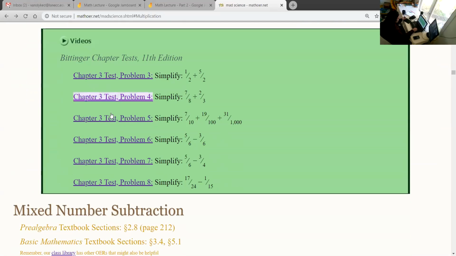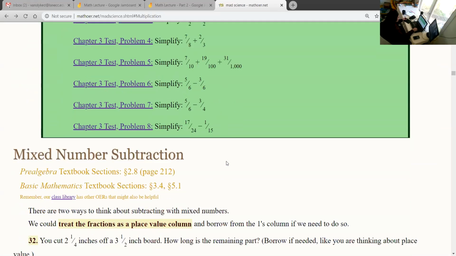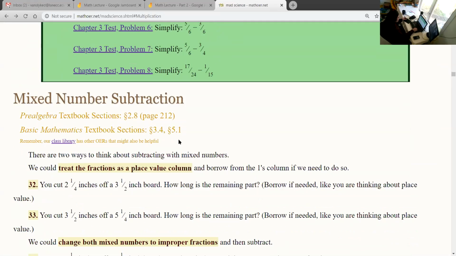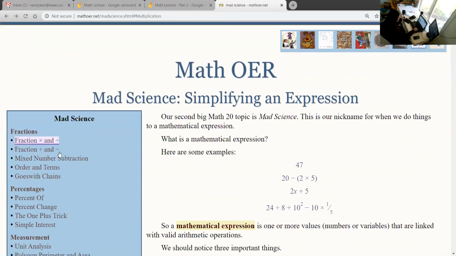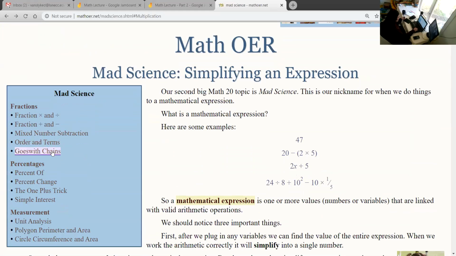If you want some video help, don't look in the problem bank, it's here. At least for now. And then later on, we'll talk about subtraction, and that's almost done. We'll have a little bit more with order of operations and PEMDAS, but we've done all the hard part of the fraction section.